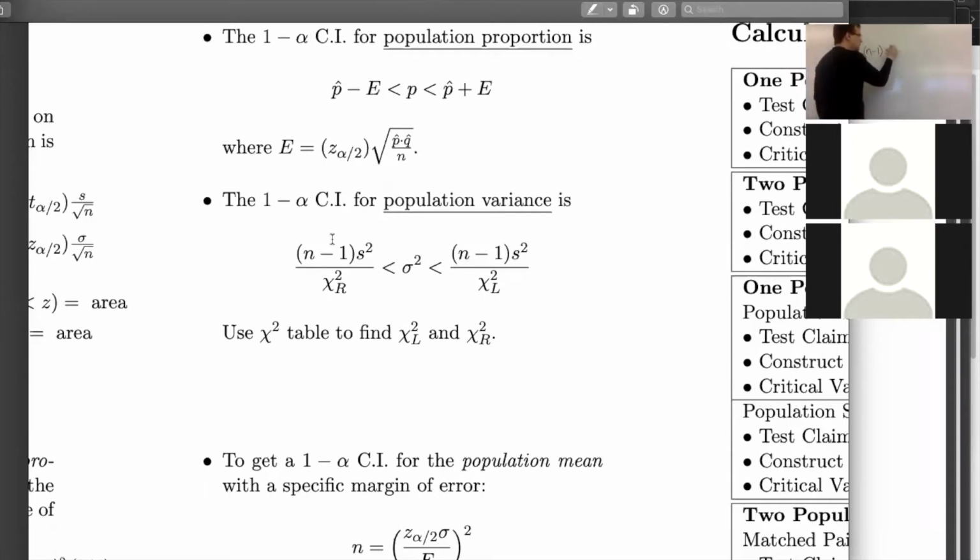This is the same formula that you see on your green cardstock. So I just copied down what you see over there.